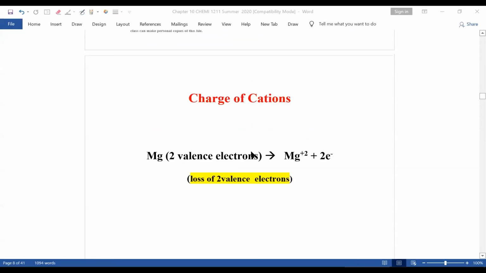Now, question is, what ion does magnesium form?